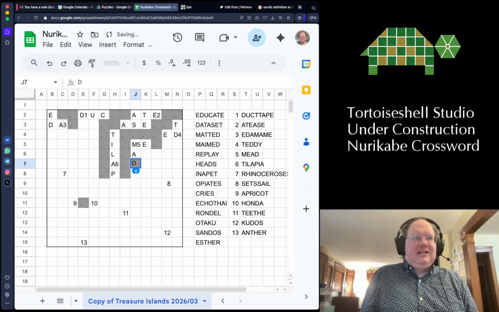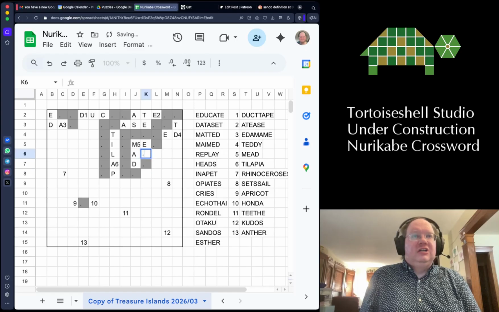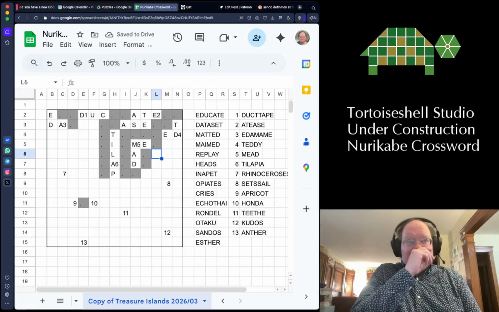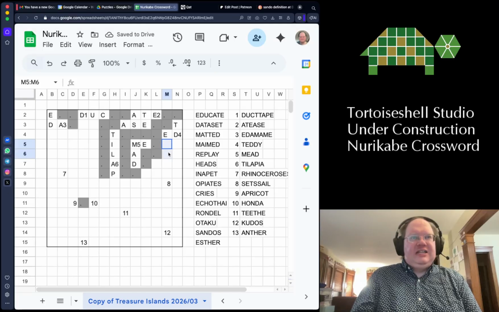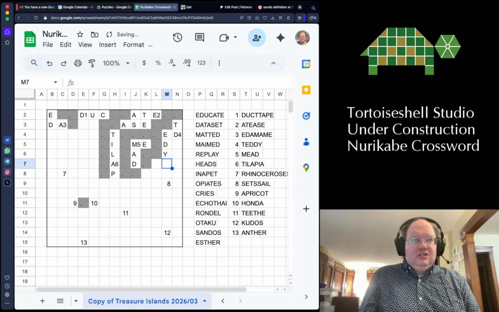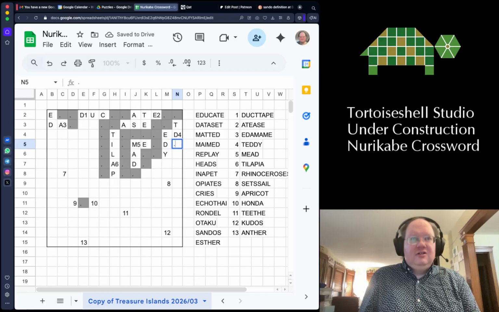So it has to be mead like that. Dot, dot, dot. And now the DY of Teddy has to be either these two or these two, and it can't be the two on the right because that would also create a 2 by 2. All right, good so far.